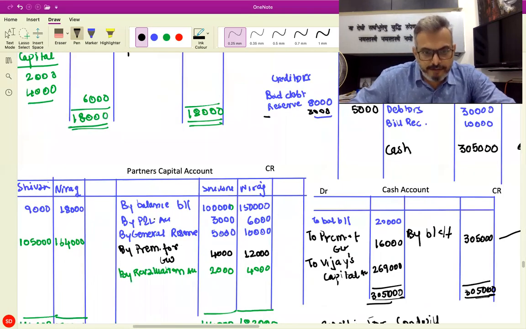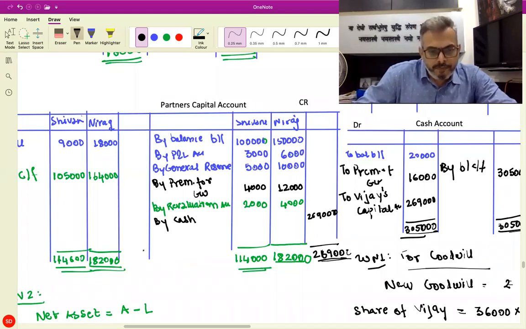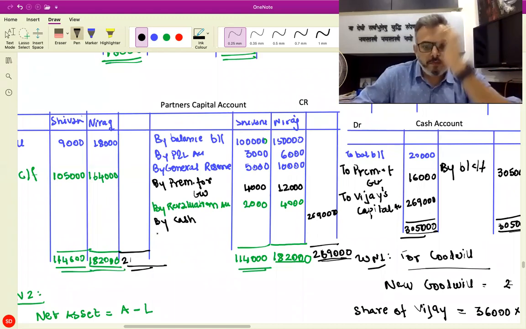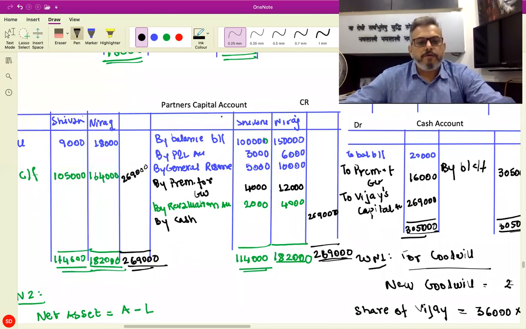Now, second effect, by cash 2,69,000 balance it, 2,69,000, transfer it to capital account.